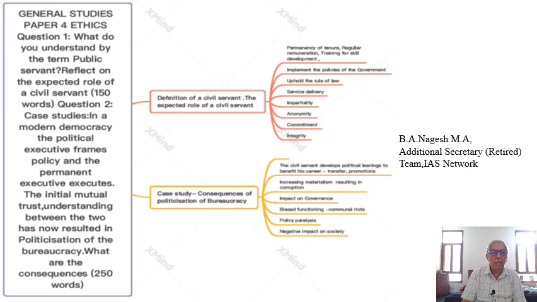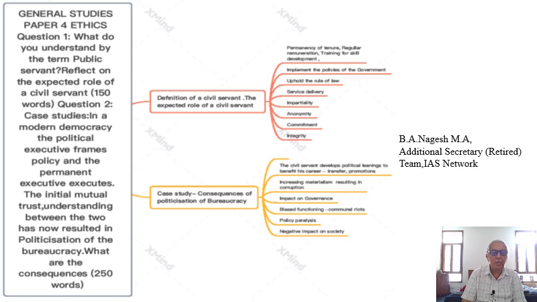Initially the Lakshman Rekha was clearly demarcated, so the political executive never used to interfere in the working of the civil service. Of late, there are a lot of misunderstandings, and the politicians want to interfere in all aspects of the functioning of the civil service, which has resulted in politicization of the bureaucracy.